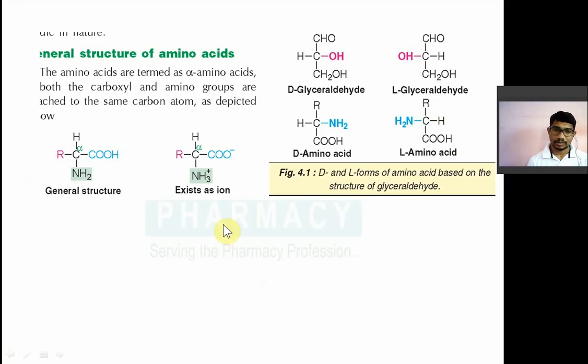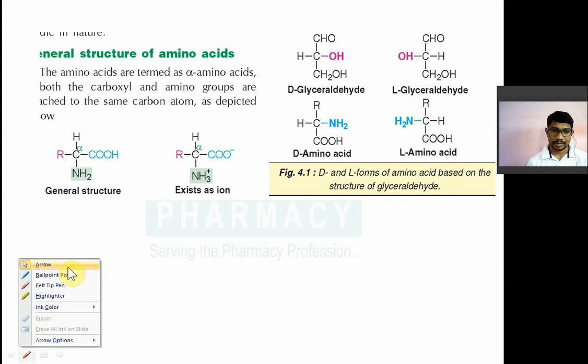Then they exist as ions, like COO minus and NH3 plus, and they are known as Zwitter ions because they carry both positive as well as negative charge.